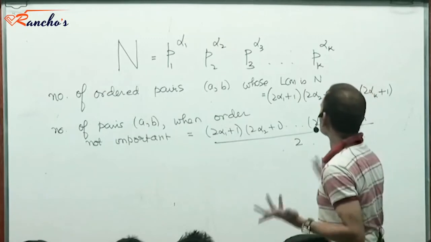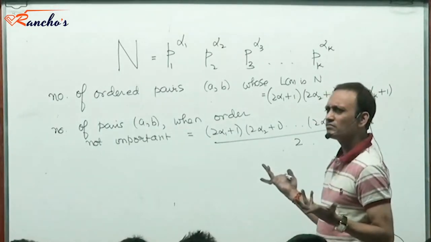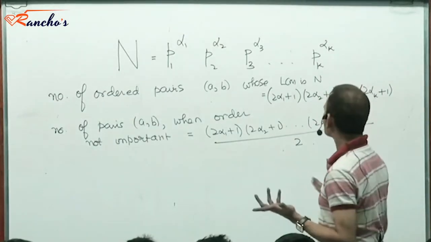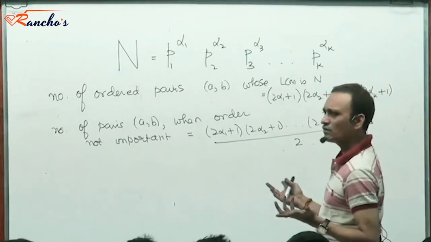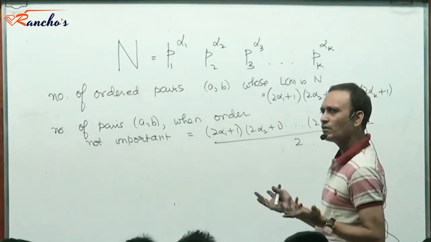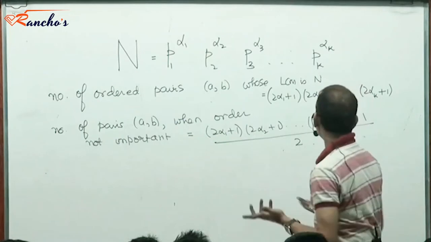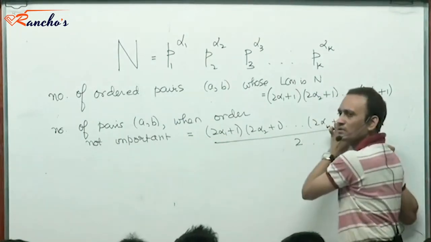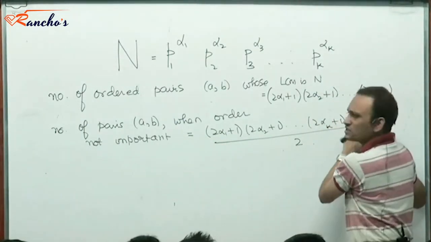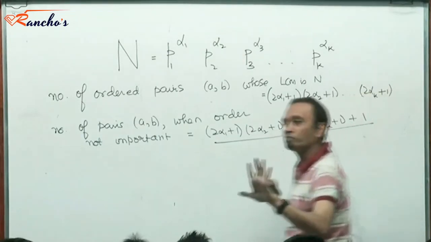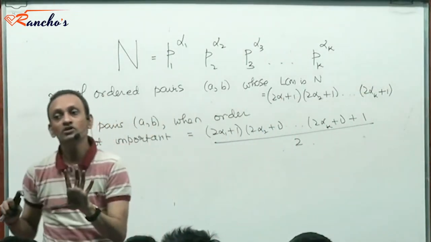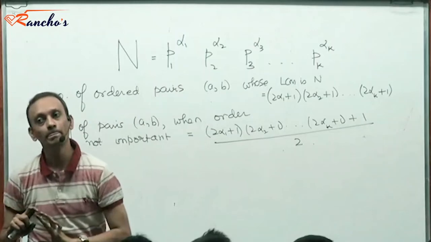K does not matter, it will still be the same. Sorry? No. What, these numbers? This? Sorry, I couldn't get you. Can you please repeat your question? Suppose K is even. Yes, so what?